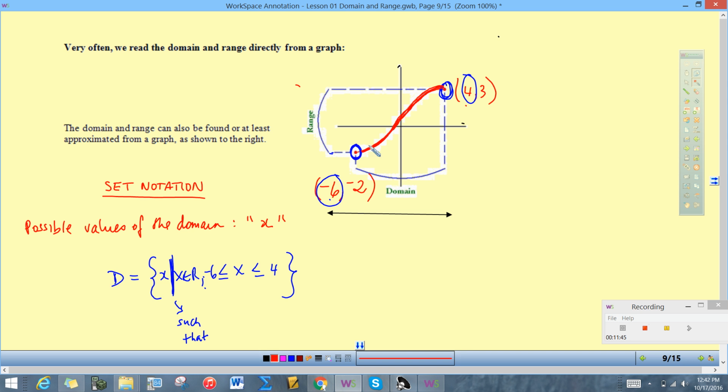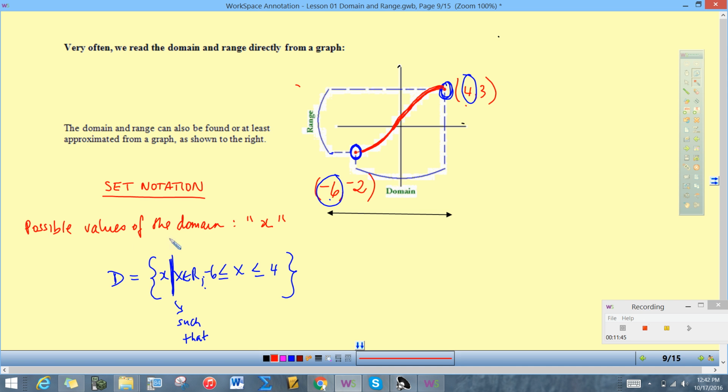So if every number is included between -6 and 4, then it's going to be an element of all the real numbers, because all the real numbers includes all the rational numbers and all the irrational numbers. Root 2 is an irrational number, but it sits between -6 and 4. It's approximately 1 point something.